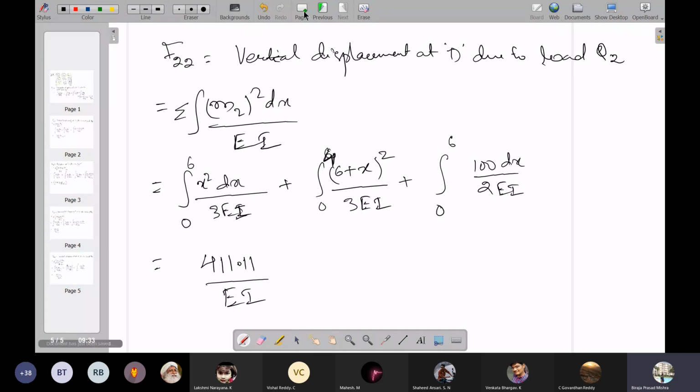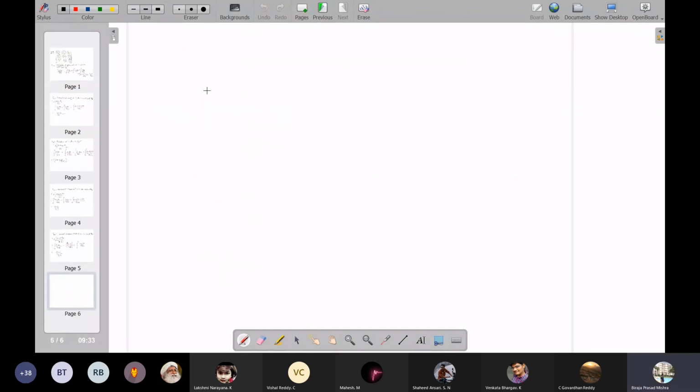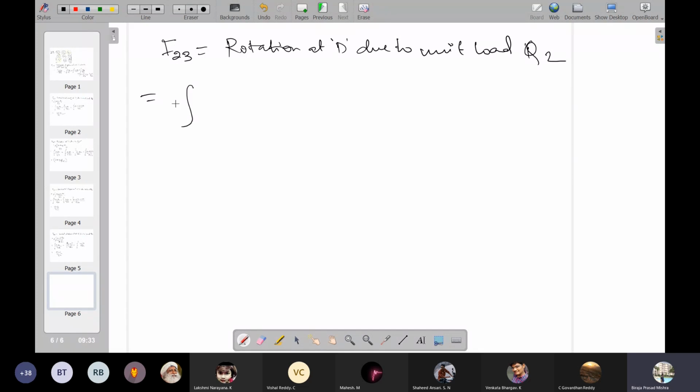Now we will calculate F23. So what is F23? It is the rotation at D due to unit load Q2. So it is the summation of the integration of M2 M3 divided by EI into dx.